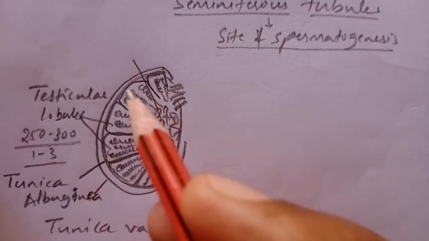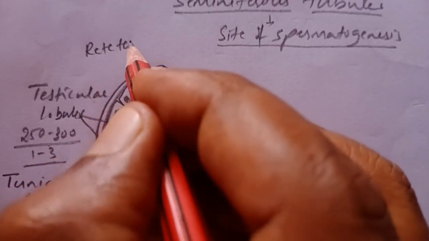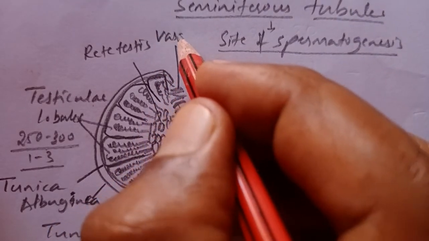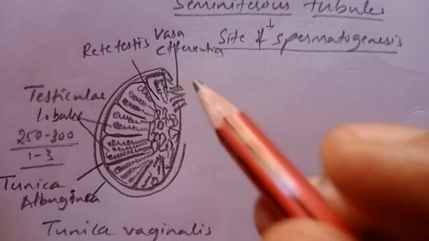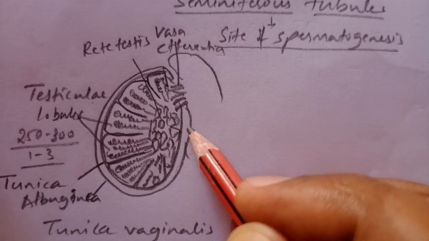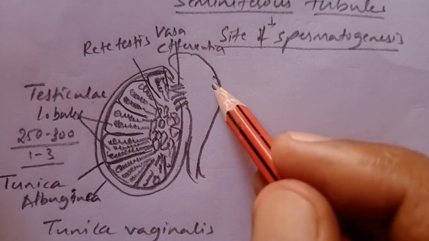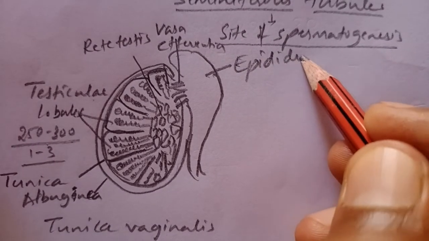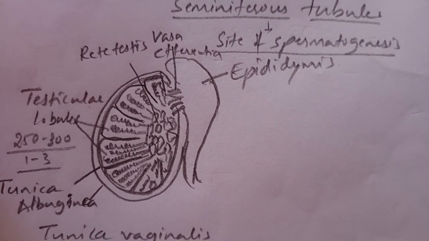This is the rete testis, and this is vasa efferentia, and vasa efferentia next forms the structure called epididymis. This is the epididymis structure, right?